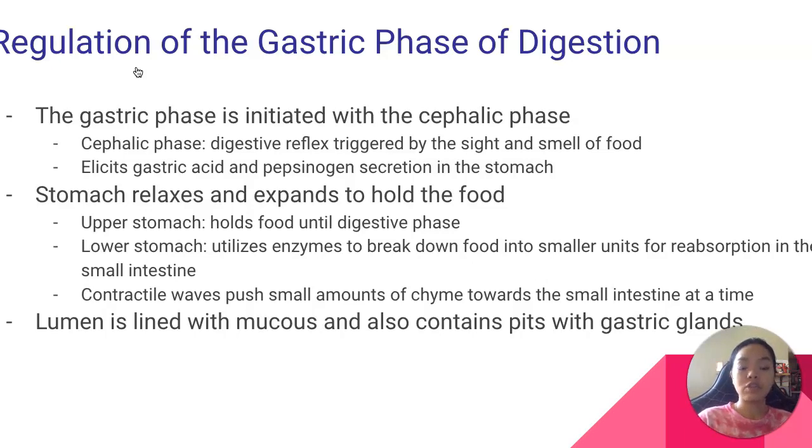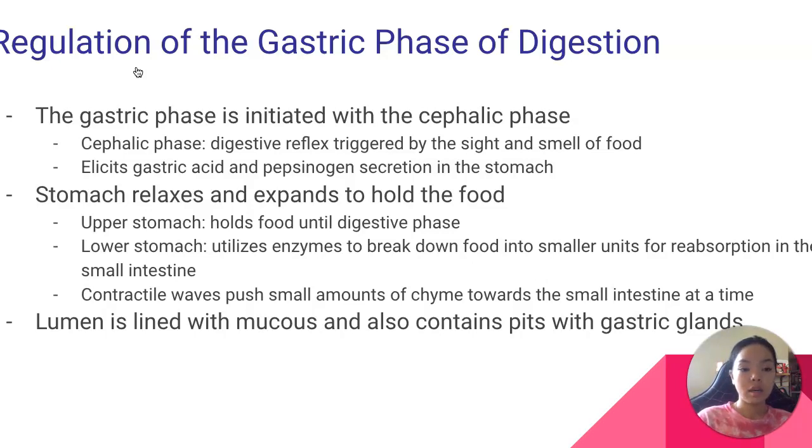And this process is highly regulated because there are specific enzymes that are secreted to break down this food, and also the amount of food that gets pushed down into the small intestine is highly regulated by contractile waves. The contractile waves push very small amounts of chyme towards the small intestine at a time, and it does this because it tries to not overwhelm the small intestine, because the small intestine is a site of absorption, and if too much is given to the small intestine at a time, absorption would not be as efficient.